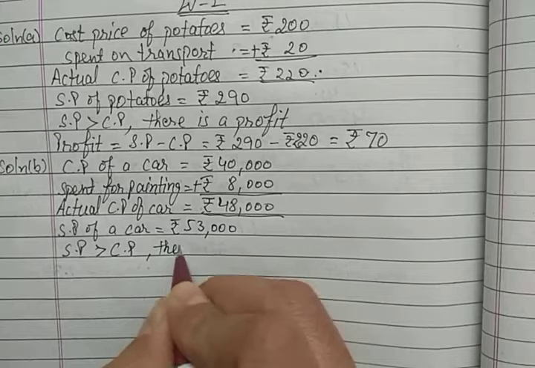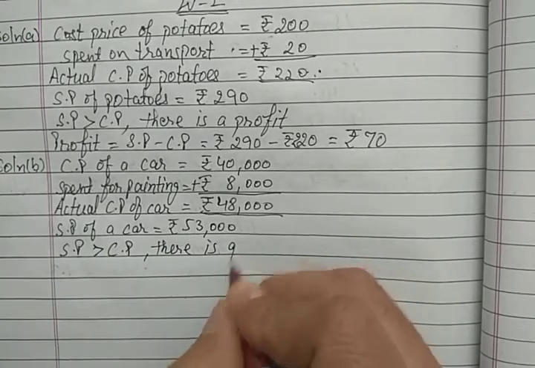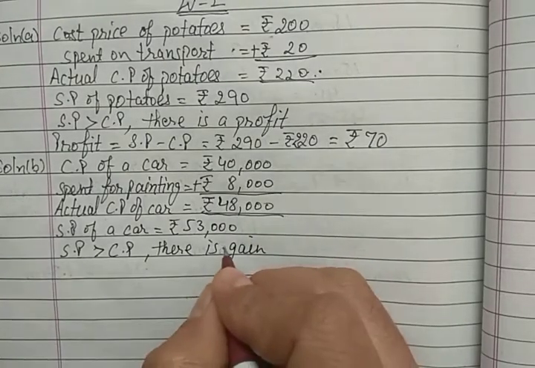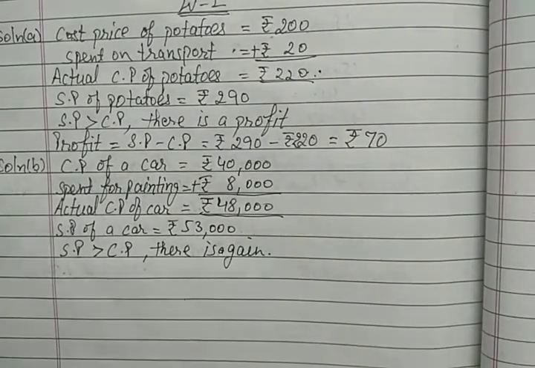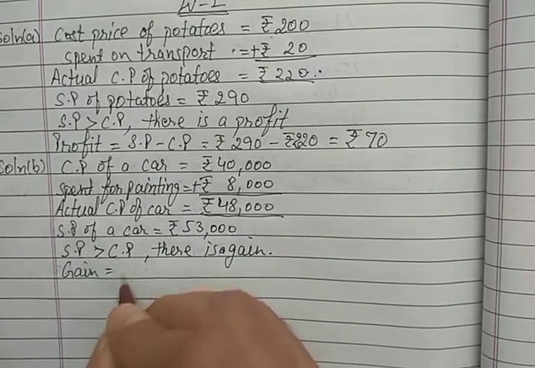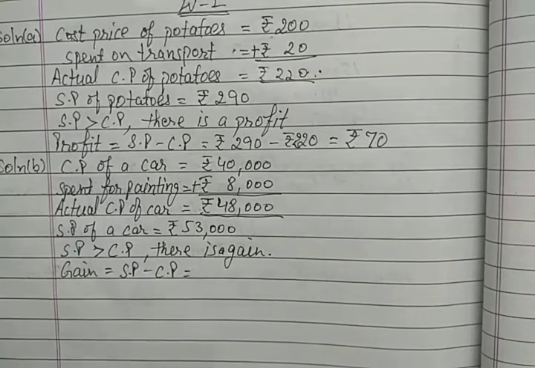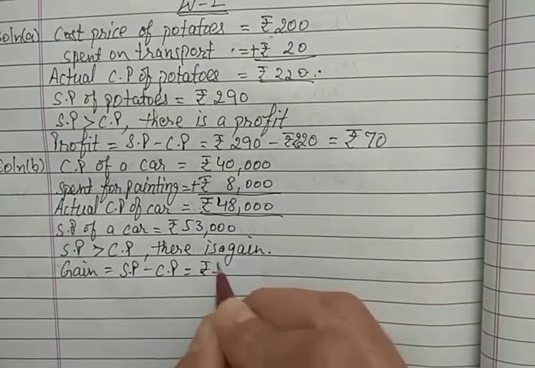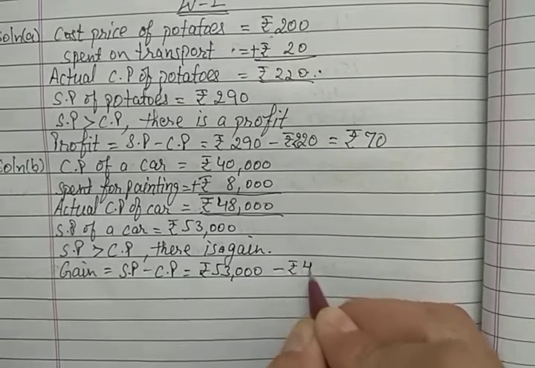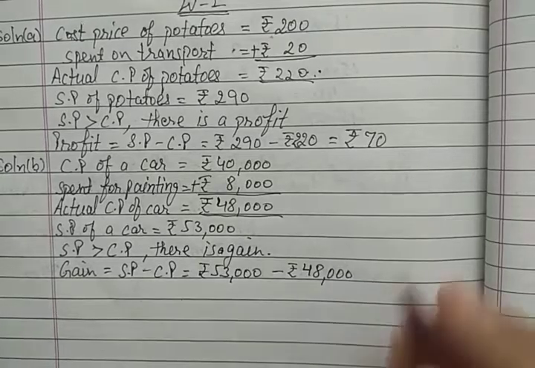So that means there is a gain. तो गेन क्यों है? क्योंकि यहाँ पर सेलिंग प्राइस ज्यादा है. सो टू फाइंड आउट द गेन और प्रॉफिट वी हैव टू सब्ट्रैक्ट सेलिंग प्राइस माइनस कॉस्ट प्राइस. सो दैट मीन्स ₹53,000 minus ₹48,000, right?